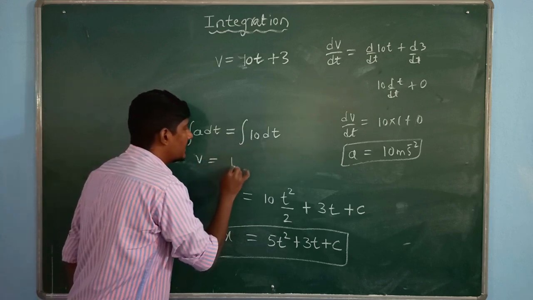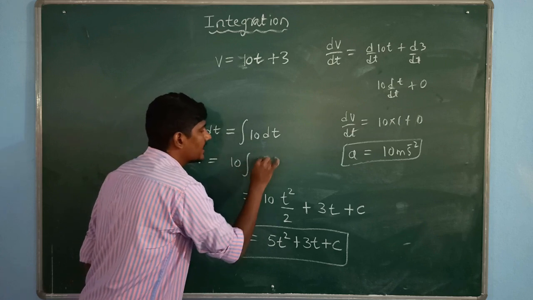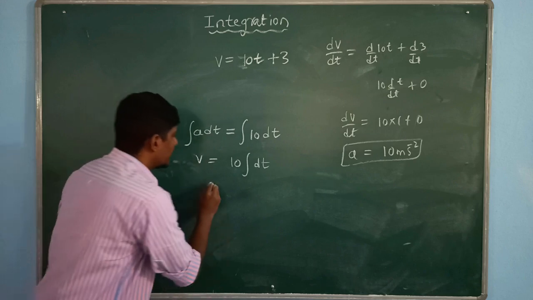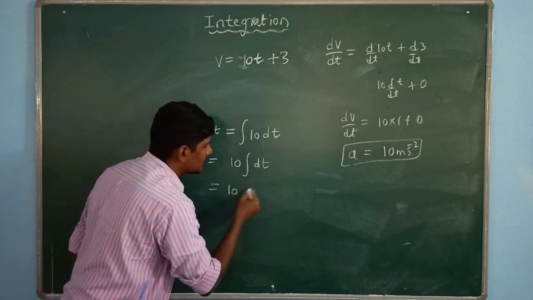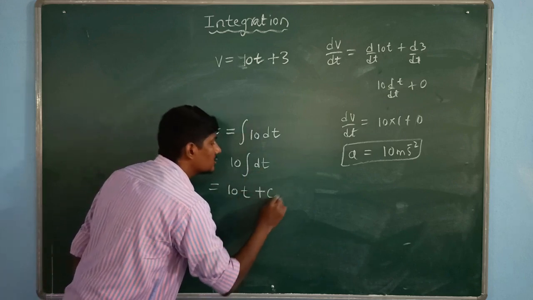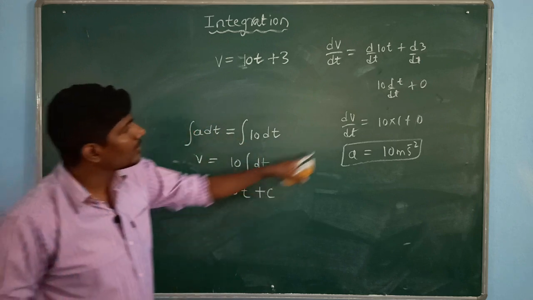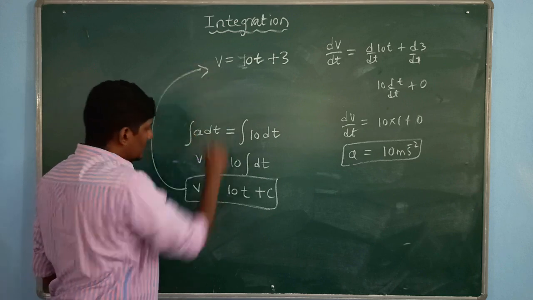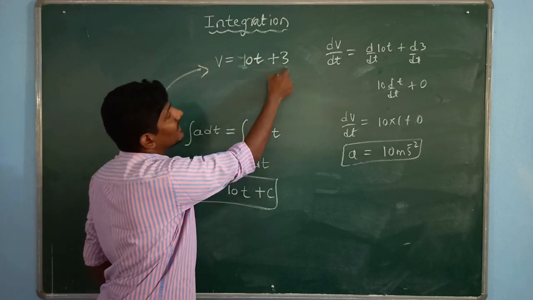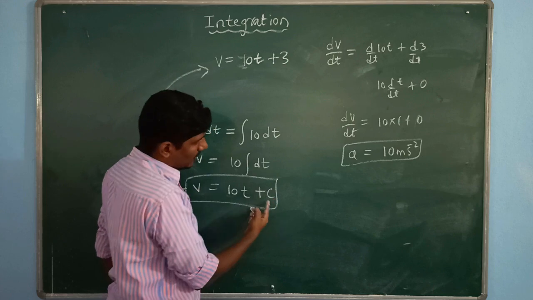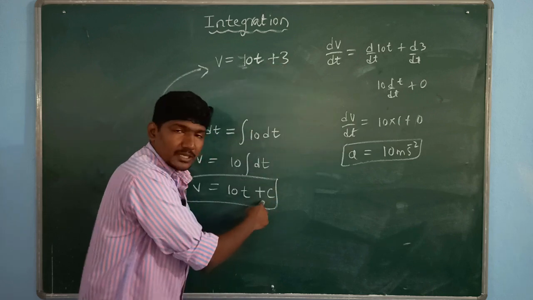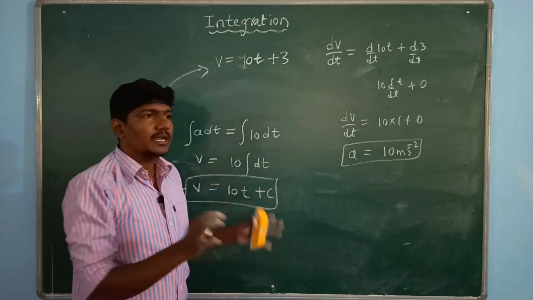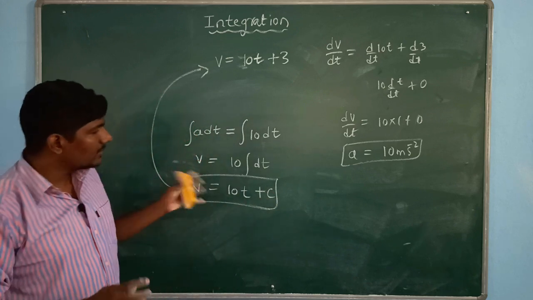This side 10 is constant, take it outside, dt integration. So 10 as it is, dt integration is t plus c because it is indefinite. So compare the equations. Here we have v equals 10t plus c. Here we have 10t plus 3. There is a difference. We know here it is 3, but using integration we don't get it. So we write one constant every time if it is an indefinite integral. So that's how it works.